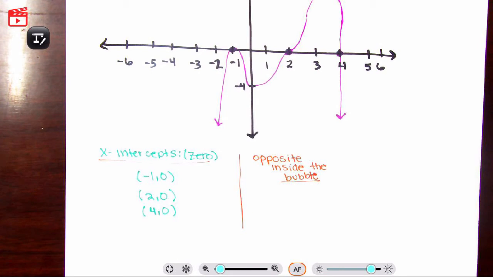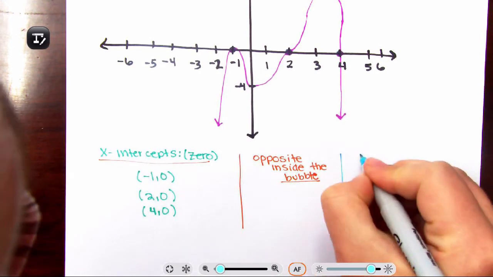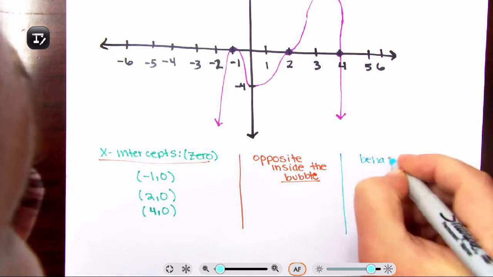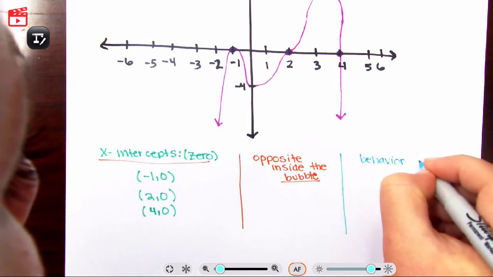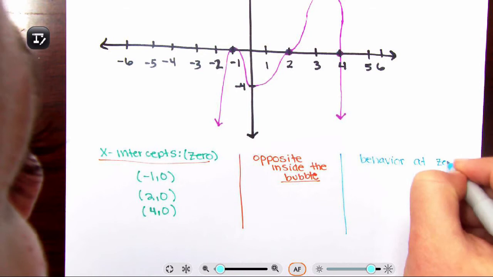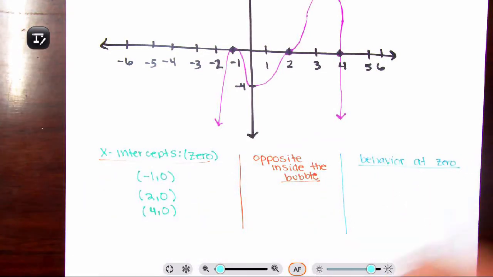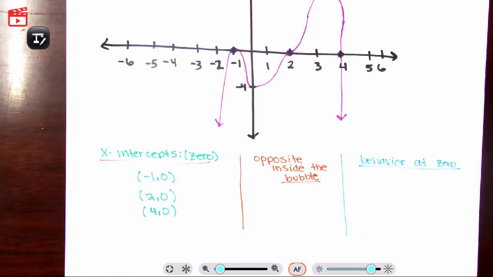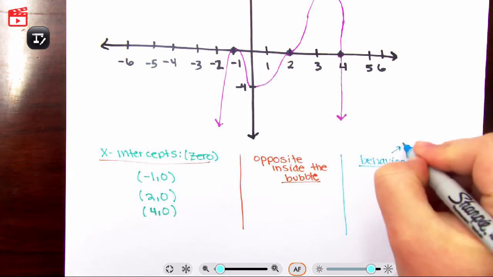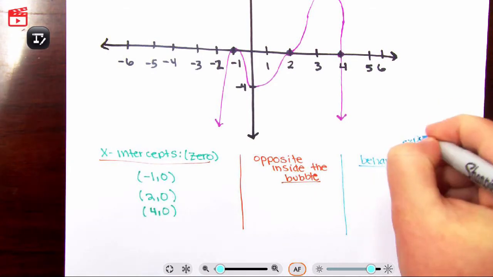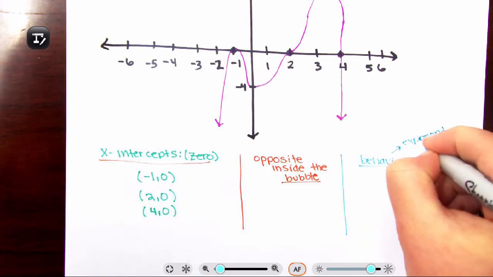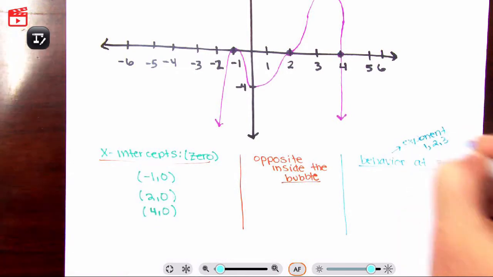And then after that, you're going to identify the behavior at each 0. The behavior at each 0, that is your exponent. And your options are 1, 2, and 3 for your exponents.